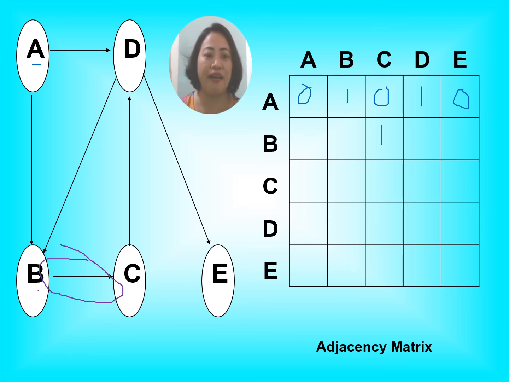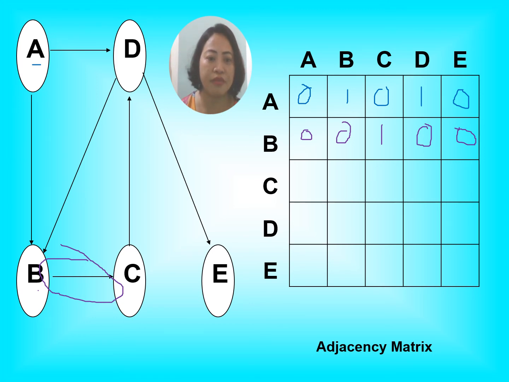They are not considered adjacent, right? Remember, adjacent vertices are those that have a connection from that vertex to another vertex. So in this case, it has only an edge from B to C. The rest are 0.